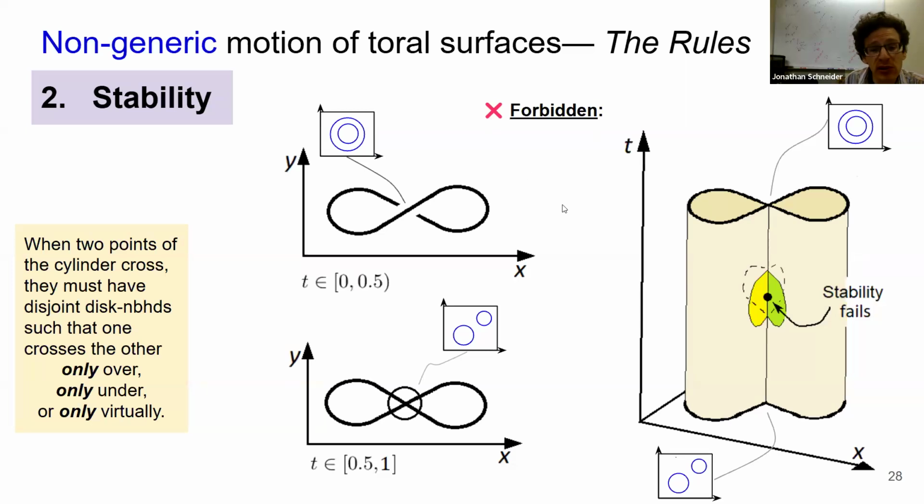It is not compatible with a nice, well-behaved embedding of the torus into four space, so we forbid it. The rule is that in this cylinder representing the isotopy, with the time axis being vertical here, any two points of that cylinder have disk neighborhoods where one disk neighborhood crosses the other, either only over, only under, or only virtually. Seems like a pretty reasonable rule to apply here.